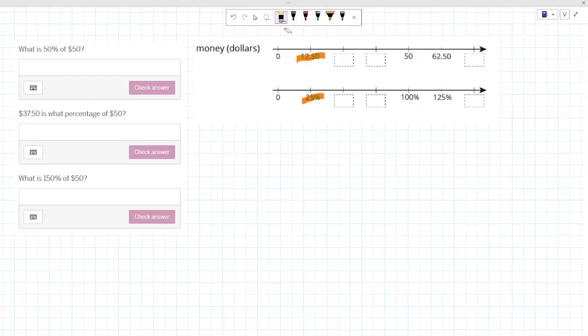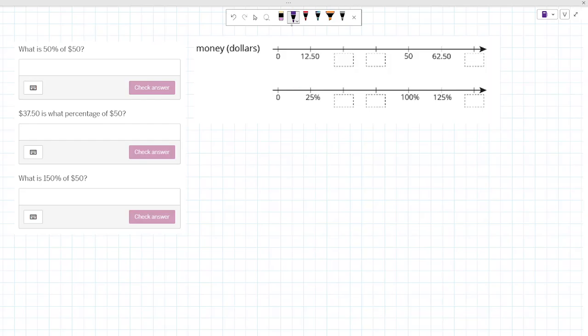Okay, so we made some first observations about the double number line. Now let's get started on the problem. Let's start working with this double number line a little bit. If each tick mark here is counting by 25%, I'm going to figure out what goes in these other tick marks.